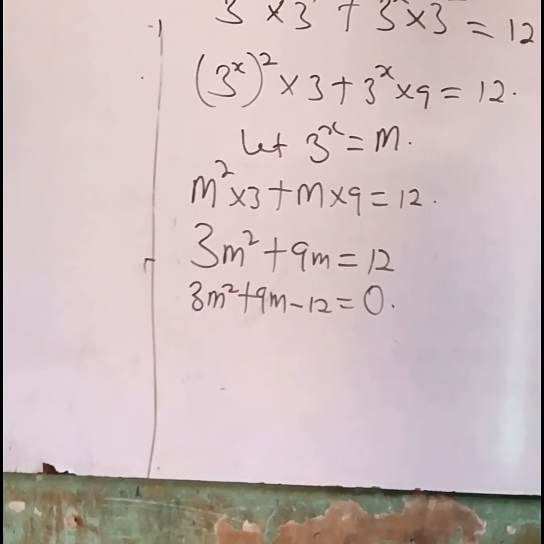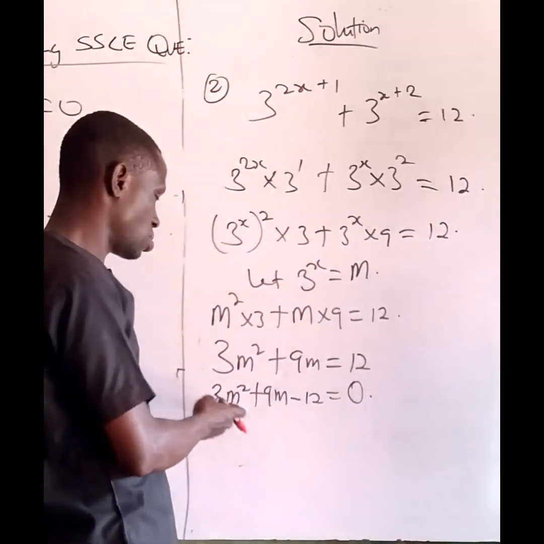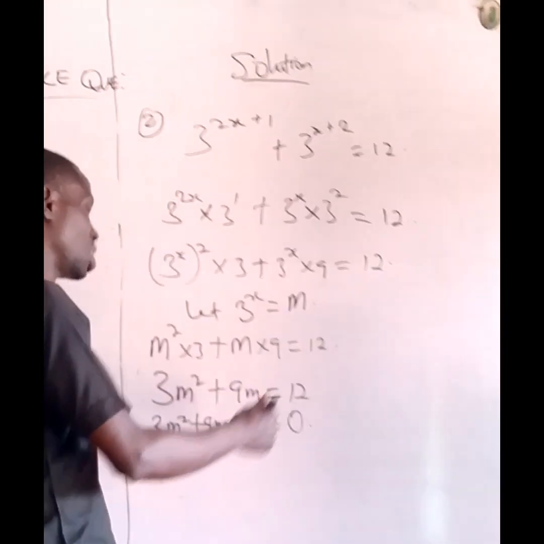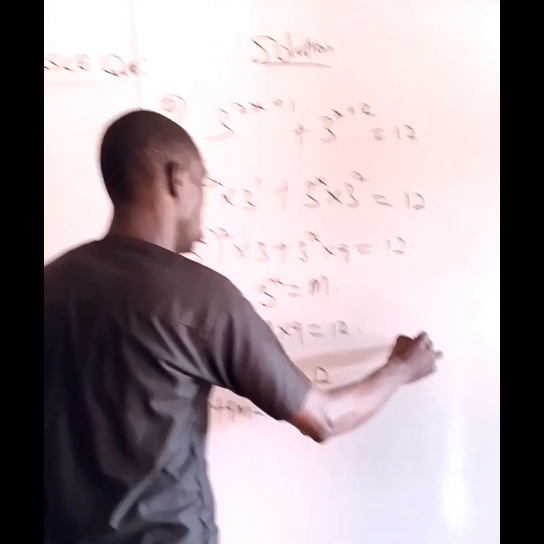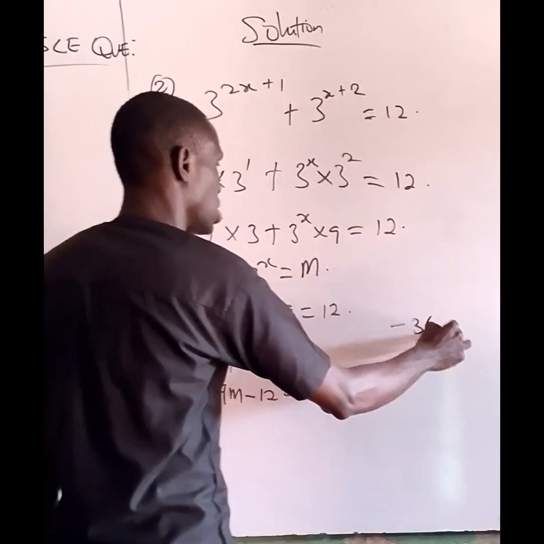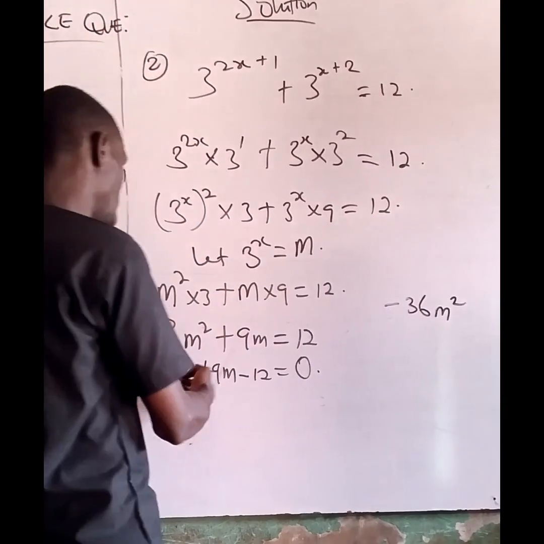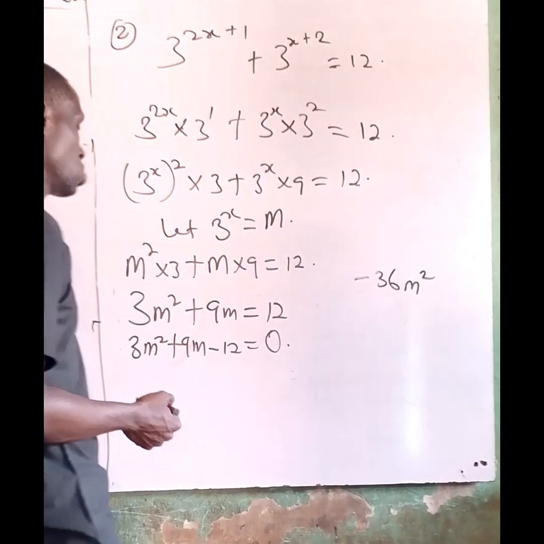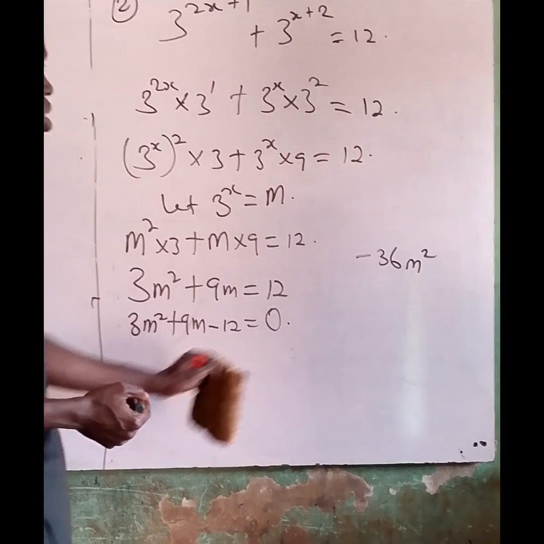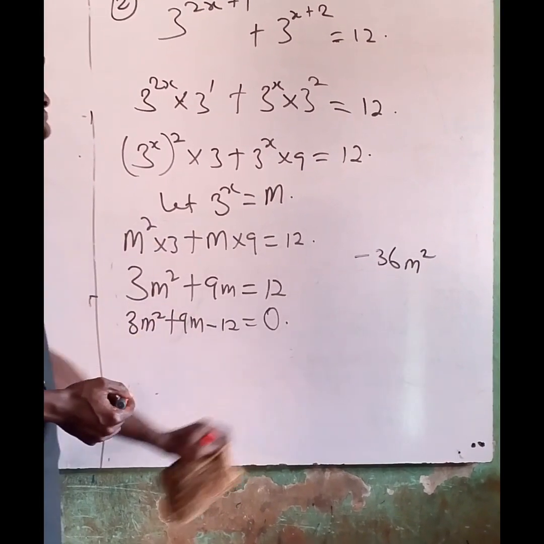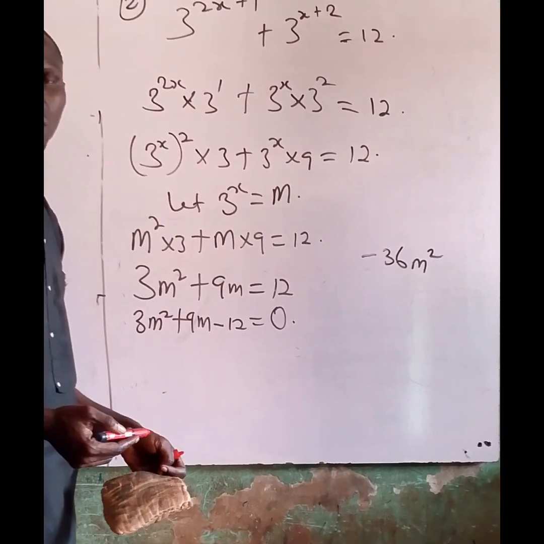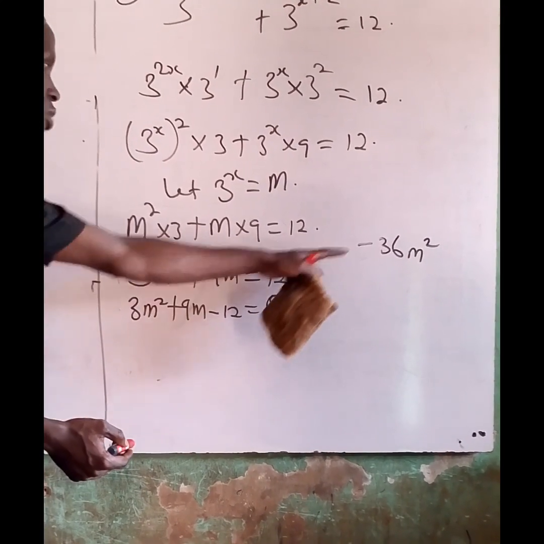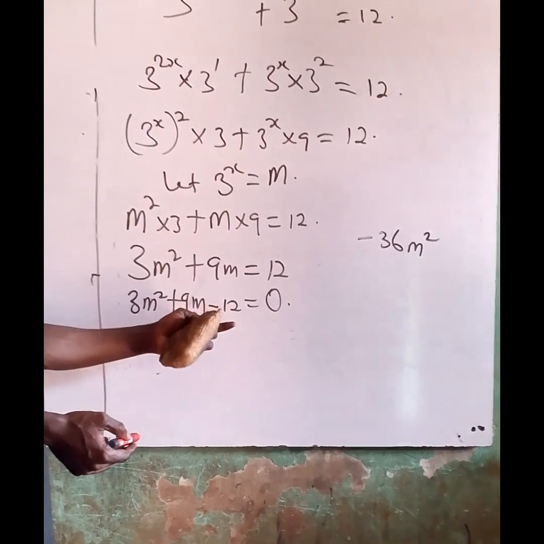As we did to the other one, we say coefficient of n squared multiplied by the constant 12. So 3n squared multiplied by minus 12 gives us minus 36n squared. Now, let's look for the factors of 36 that when we add or subtract, will give us plus 9n.